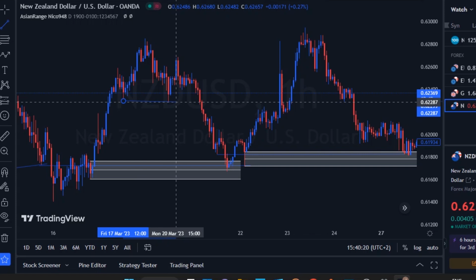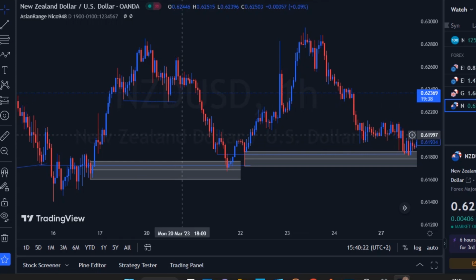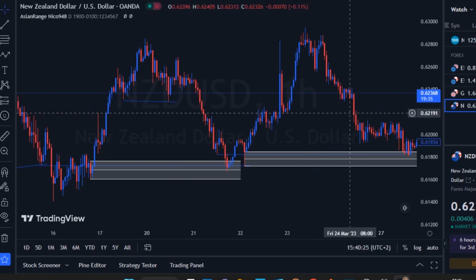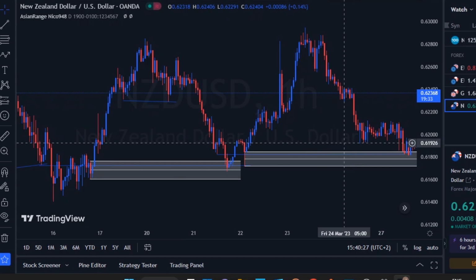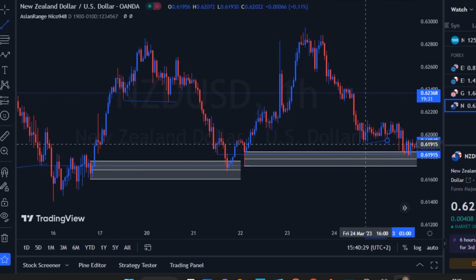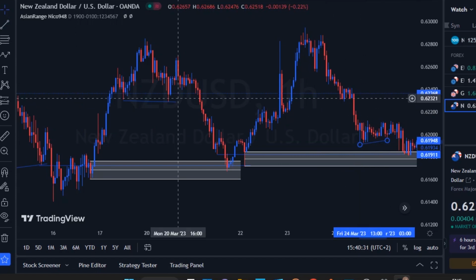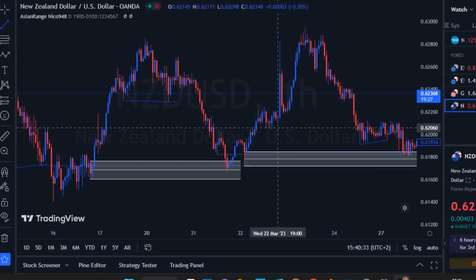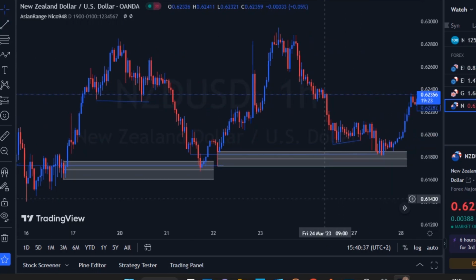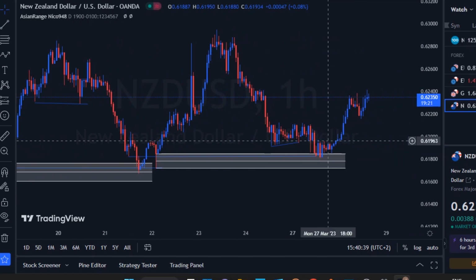And in this one, where is the liquidity? As you can see, we did have some liquidity here, and then we also have these relatively equal highs here, acting as a form of liquidity, and the market did tap into our order block.